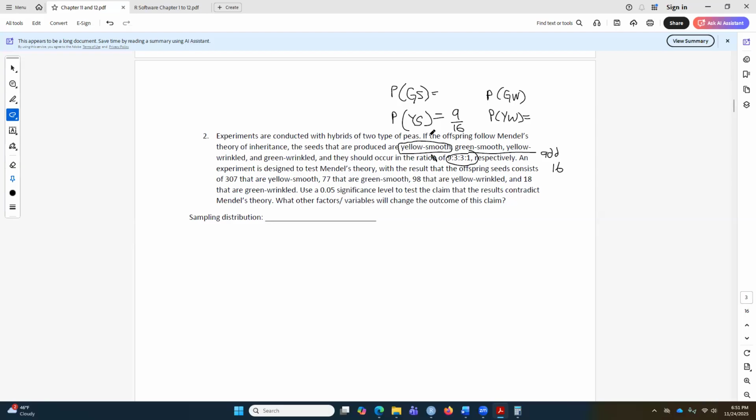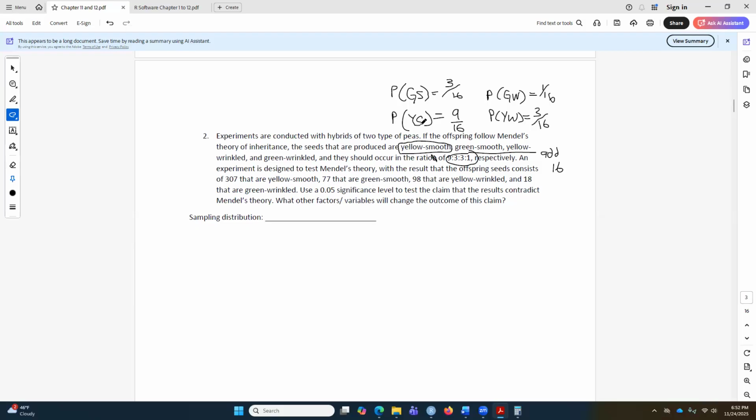So the probability of yellow smooth is 9 out of 16, green smooth is 3 out of 16, yellow wrinkle is 3 out of 16, and the last probability, green wrinkle, is 1 out of 16. Make sure you know how to write a ratio as a probability. This is what you have to enter in your RStudio, not the 9:3:1.